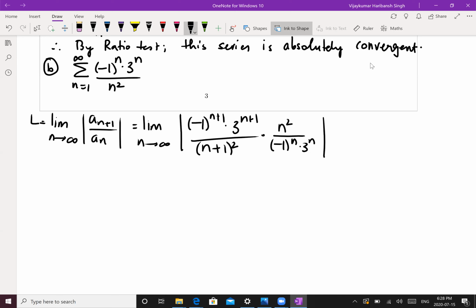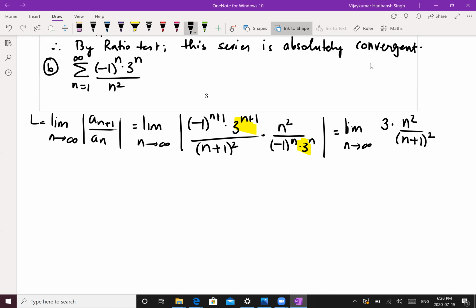And when you cancel the factors, you'll get the limit as n goes to infinity. If you cancel these two, you'll be left with 3. The absolute value will make the (-1) to the power n disappear. What you're left with will be n square upon (n plus 1) the whole square.